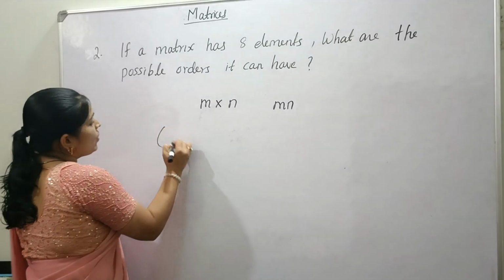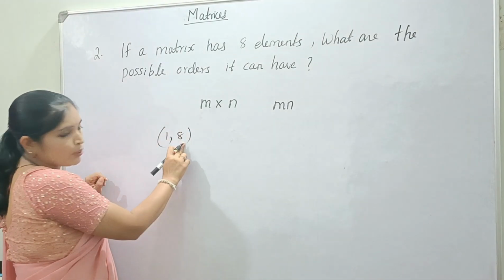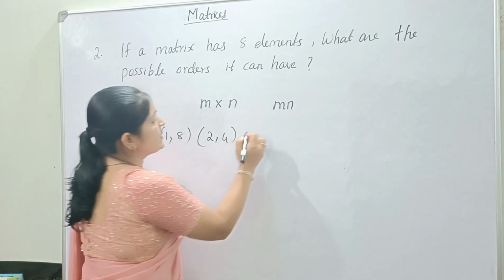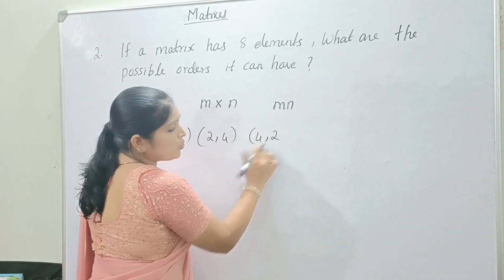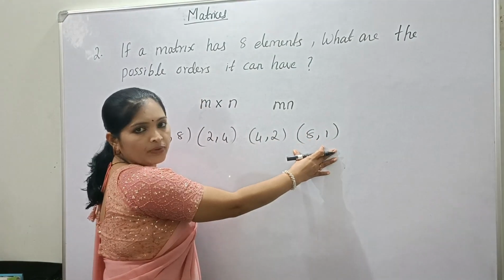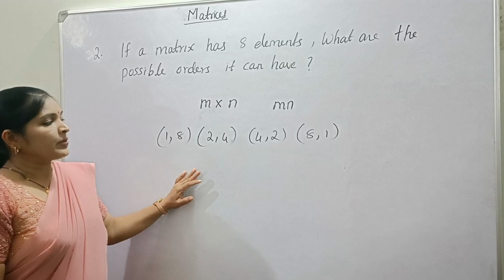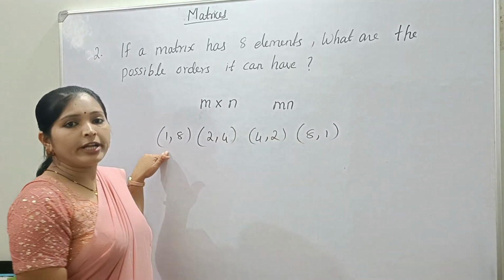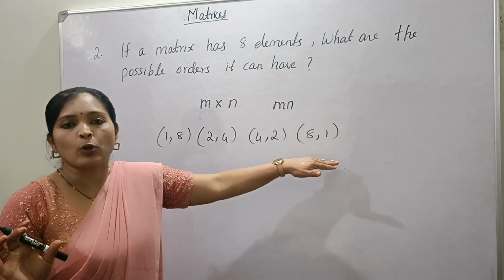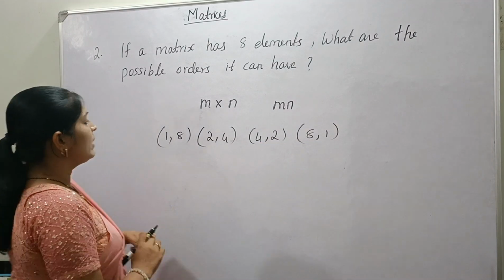That is 1, 8, 1 into 8 is 8. Next 2, 4, 2 into 4 is 8. 4, 2, 4 into 2 is 8. And 8, 1, 8 into 1 is 8. See, these are the possible ordered pairs of natural numbers such that their product is 8.